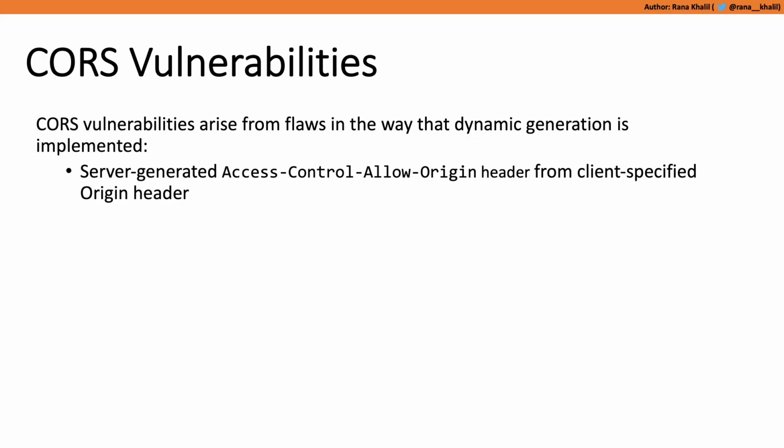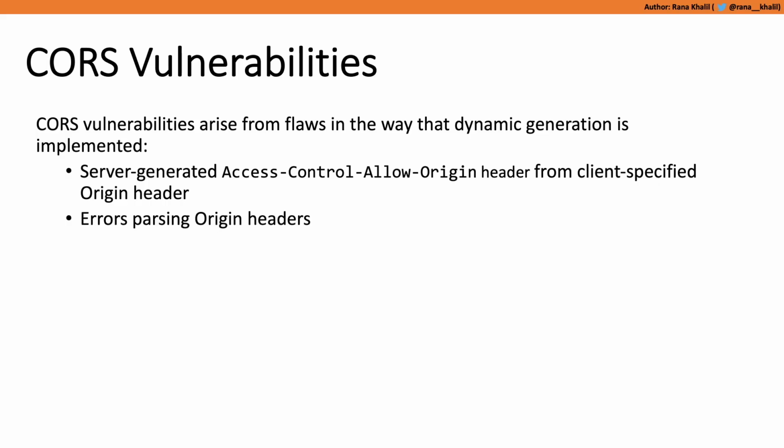Now, this is equivalent to using the wildcard character, because it essentially will allow any origin that accesses it to access its resources. All it's doing is extracting the origin and then reflecting it back to the user. So there are obvious security issues with that, because you're allowing all the origins on the internet to access your resources.